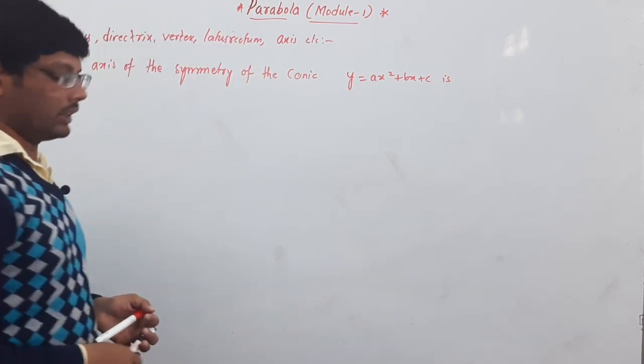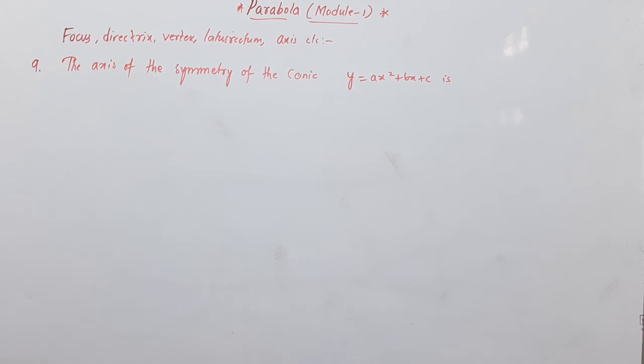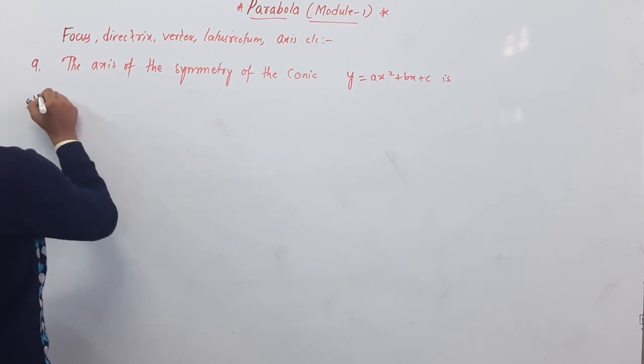He is asking this here. If you look at this question, the axis of symmetry of the conic y is equal to ax square plus bx plus c, and the solution for this one follows.